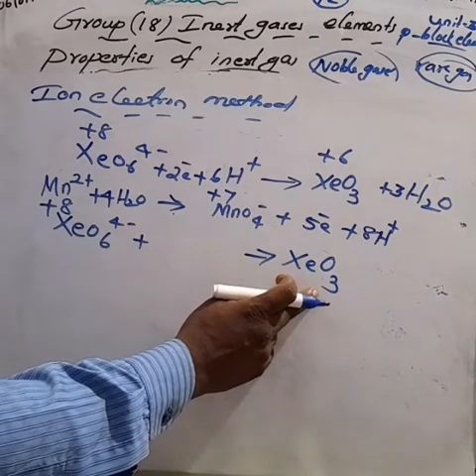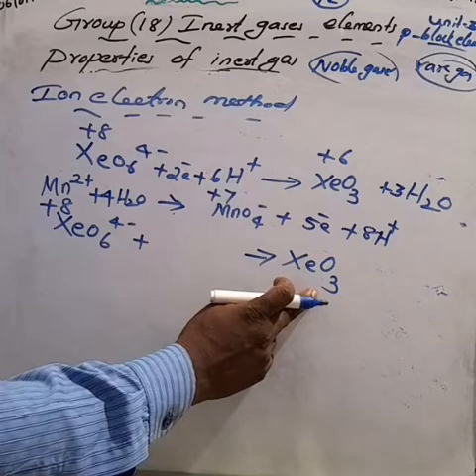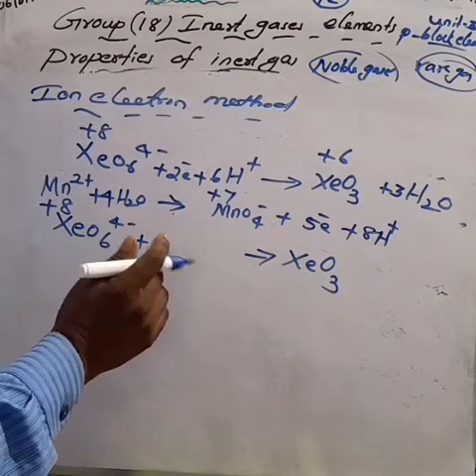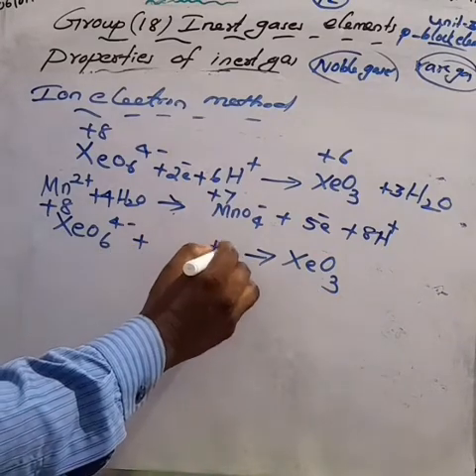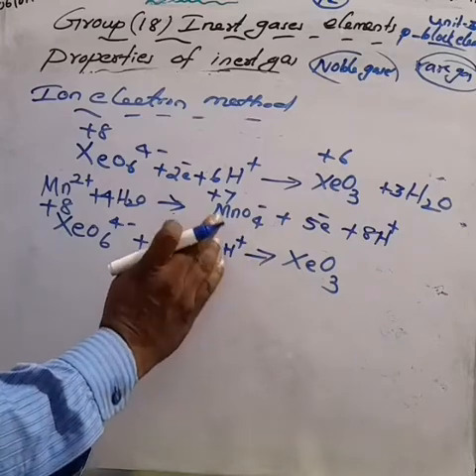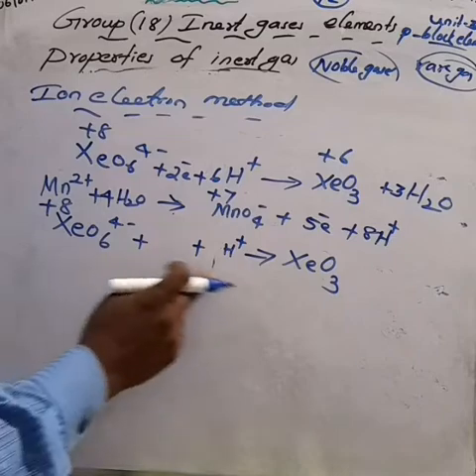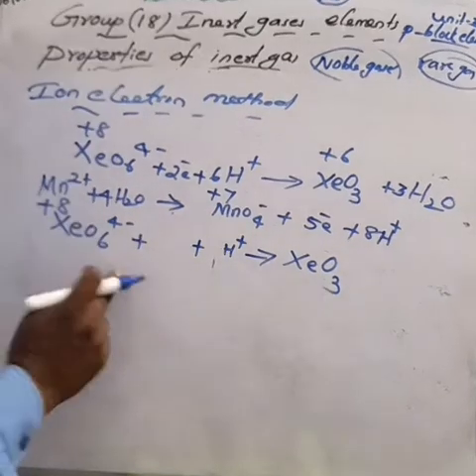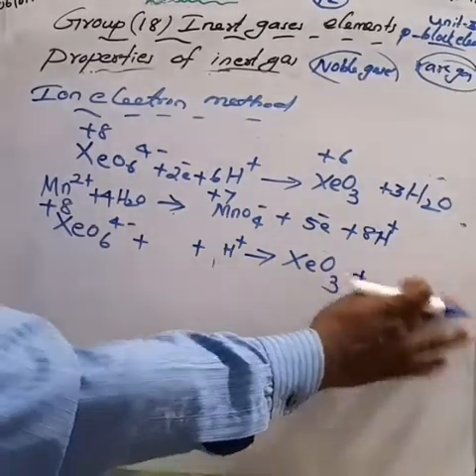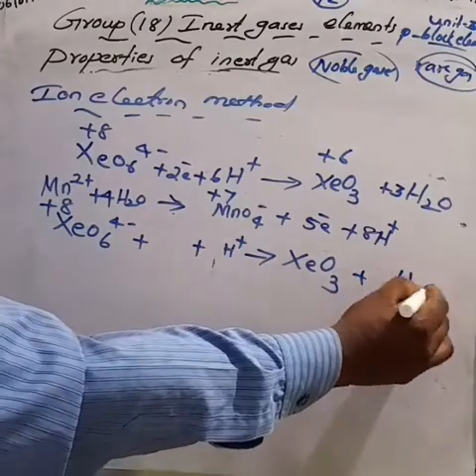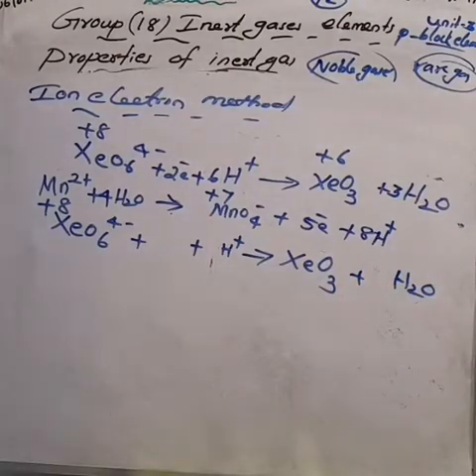Here also we have to write the presence of H plus ions. H plus ions on the reactant side combine with the oxygen of XeO6, and we get the product H2O, water molecules. Am I right? So listen, all of you.